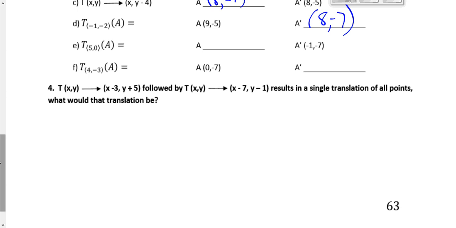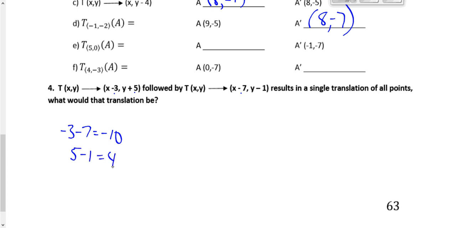X minus what? Yeah, x minus 10. What did you do? You knew what you were doing, you just said the wrong number. So you took the negative 3 and negative 7, combined them, and negative 3 minus 7 gave you a negative 10, and then you took the y part of it, 5 minus 1, right.